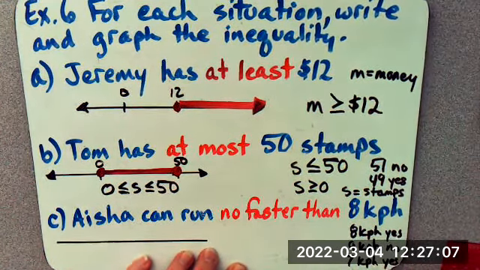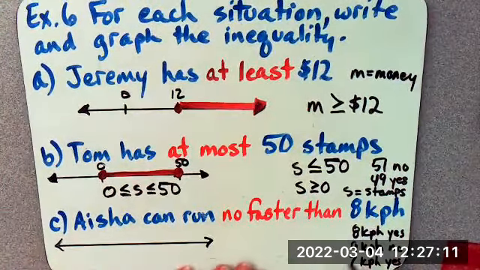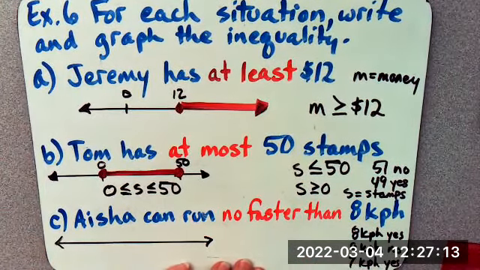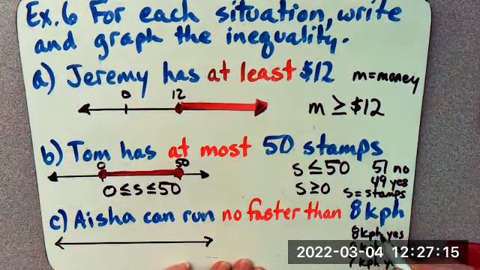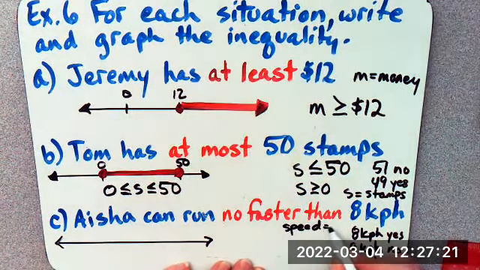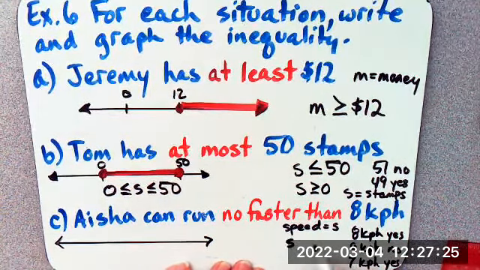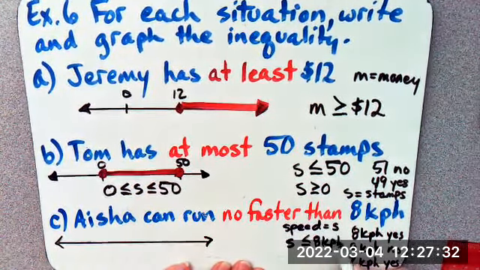Yes. So if we write speed, speed is going to be S. Her speed has to be less than or equal to 8 kilometers per hour.